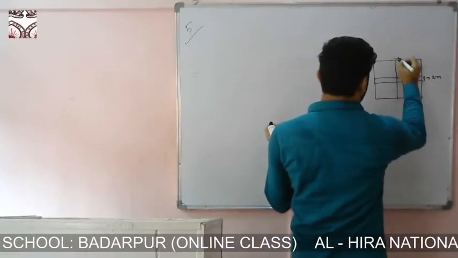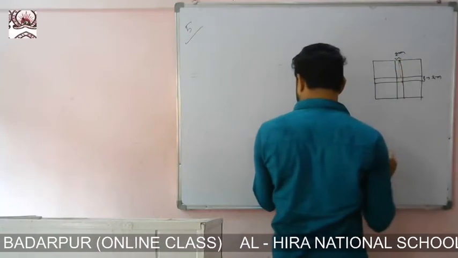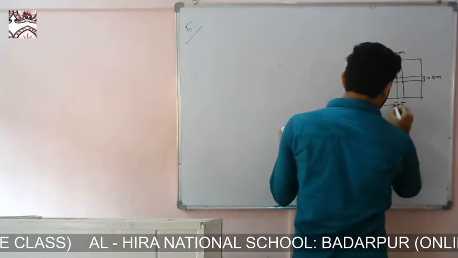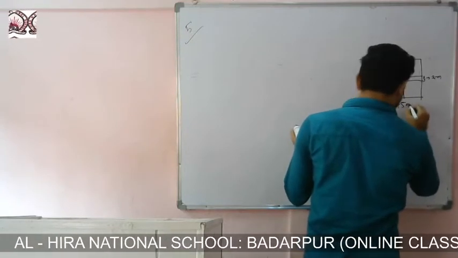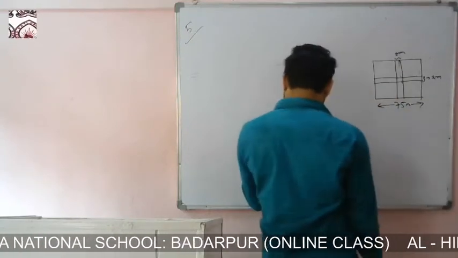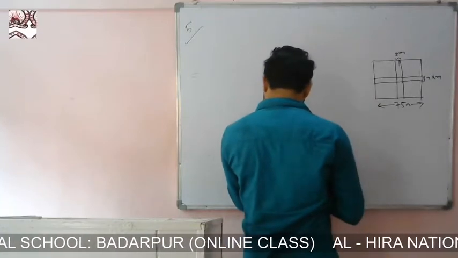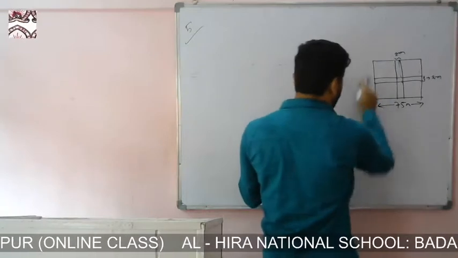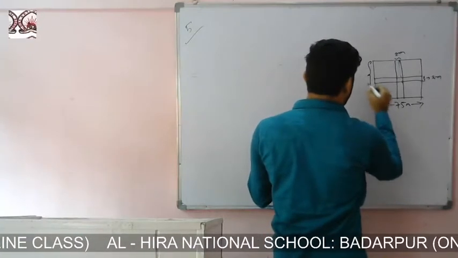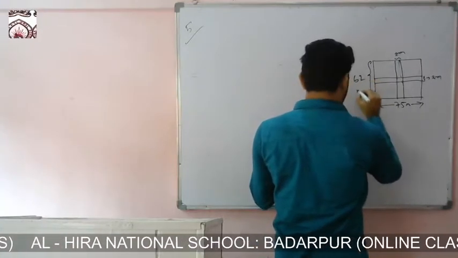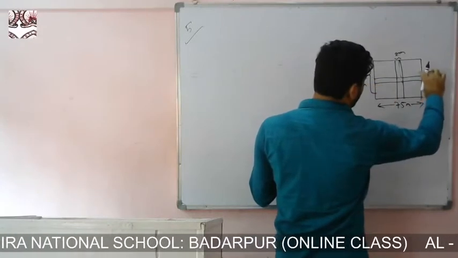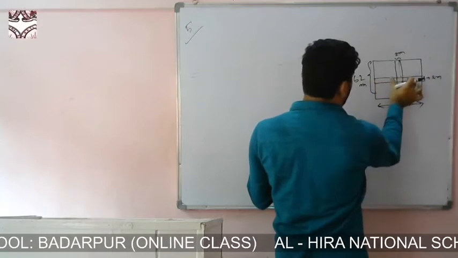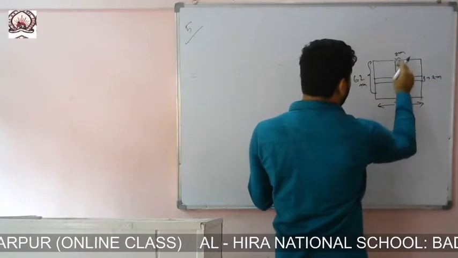This is also 2 meter. Okay, and the length of this big rectangle is what? 75 meter. And the breadth of this as a whole is 62 meter. Okay, and the breadth of this road is 2 meter, here also 2 meter.